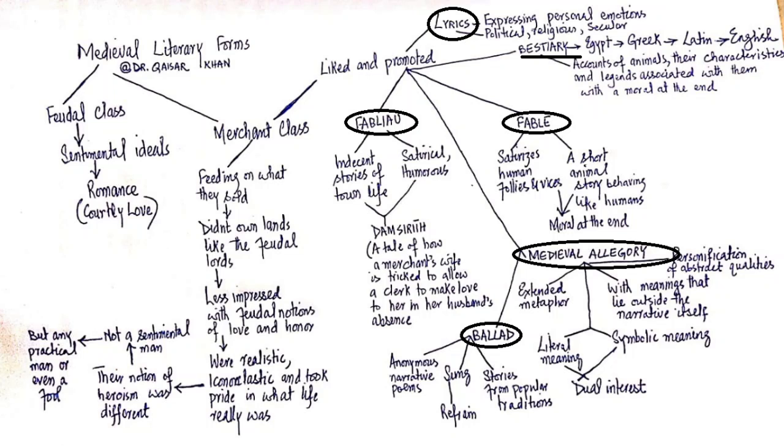These ballads, as I told you, are orally transmitted narrative poems. Their themes are common to folk culture, folk people. They may be derived from different sources, like even a romance can provide a theme and a point of celebration or singing for a ballad.